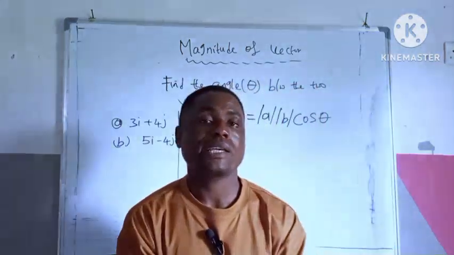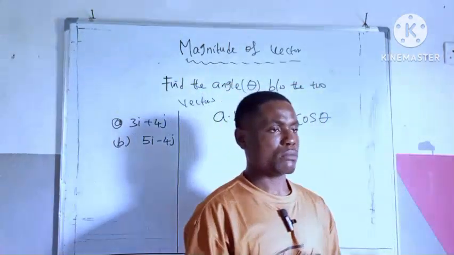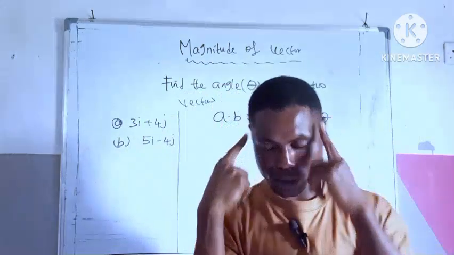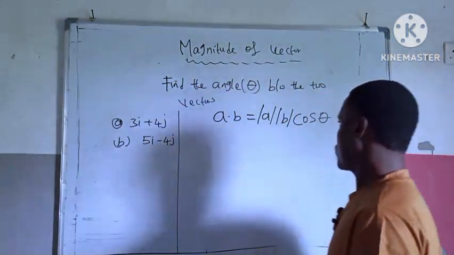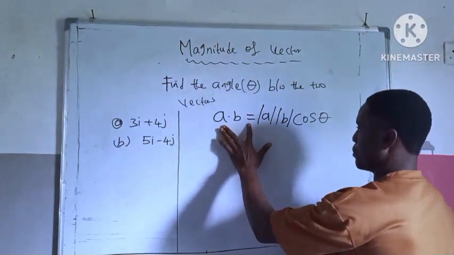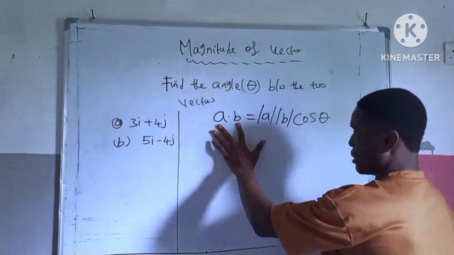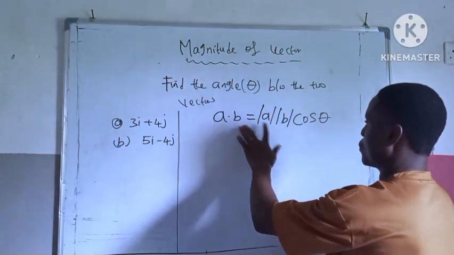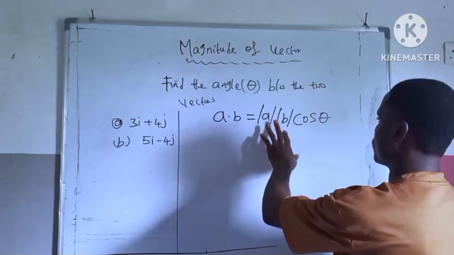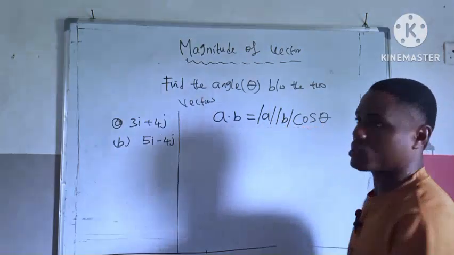Are you getting it? That is the formula to use, so please put it in your brain. A dot b, which is the dot product, equals the magnitudes of the two multiplied by cos theta.